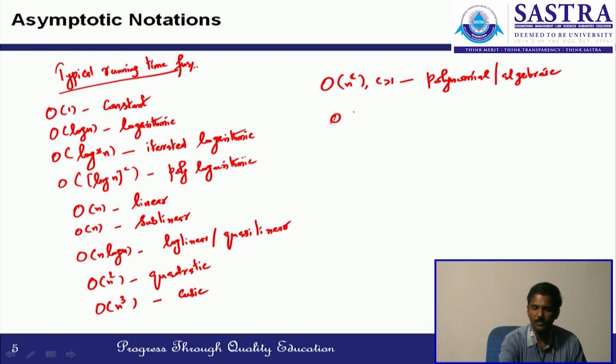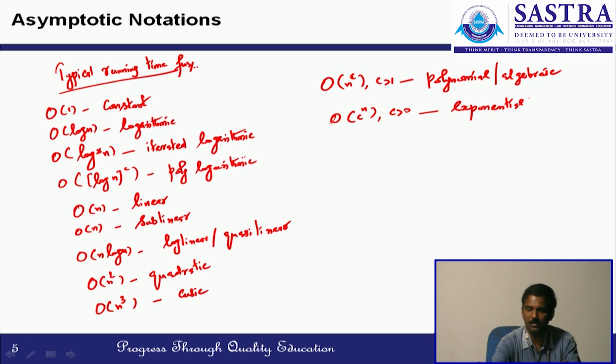Then order of c power n for the constant c greater than 0, this is said to be exponential or geometric computational complexity.